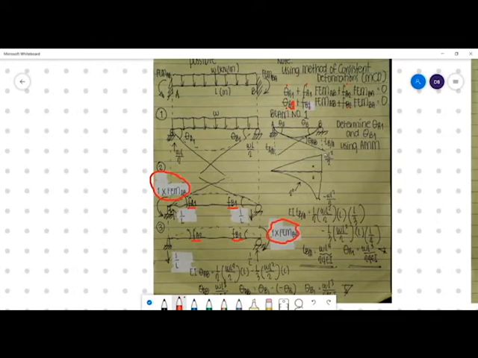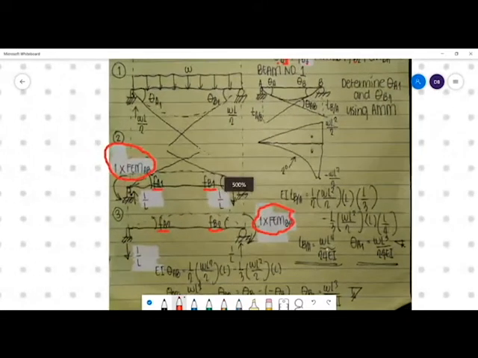Let's say we clamp it on the right. And then we are able to determine the slope at A by determining the tangential deviation of B with respect to A. The tangential deviation of B with respect to A will become WL to the fourth over 24 EI.